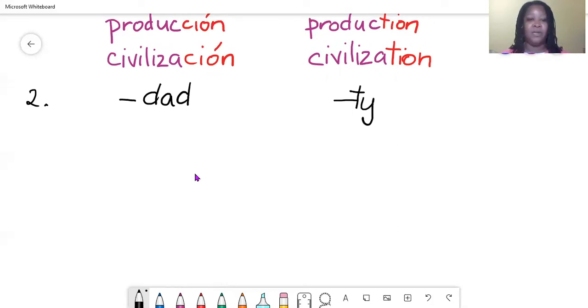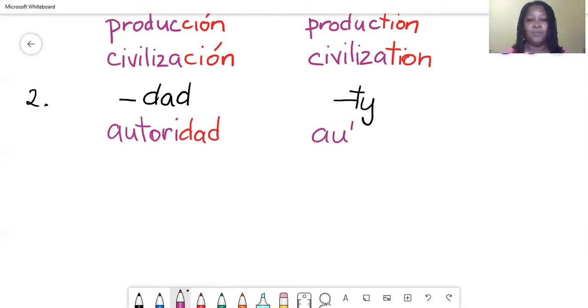And we're going to pull our examples right away. So we have autoridad, and that converts with a minor spelling adjustment to authority.